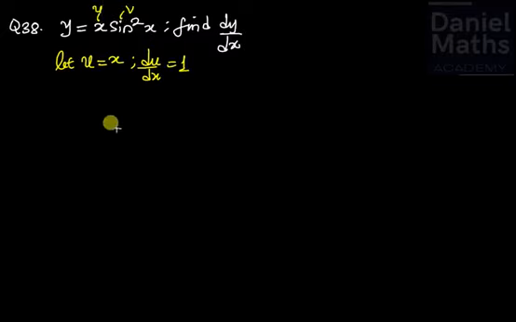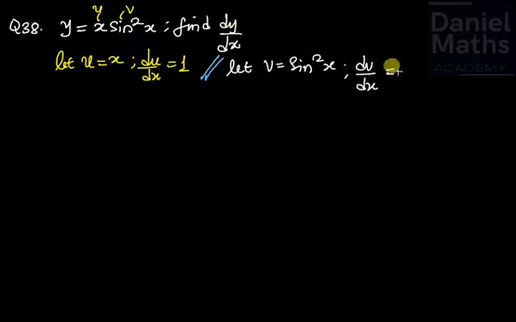Now also I'm going to say that let v be equal to sine square x. Then dv upon dx is equal to 2 sine x cos x.